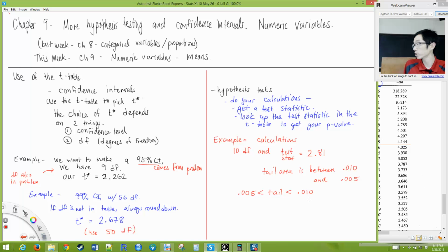Is this notation okay with everybody also? So 0.005 is smaller than my tail, but my tail is also smaller than 0.010. Okay, so we just know my tail area is in between these two numbers. Is that okay?